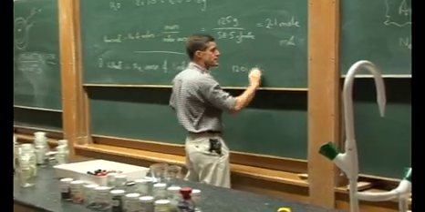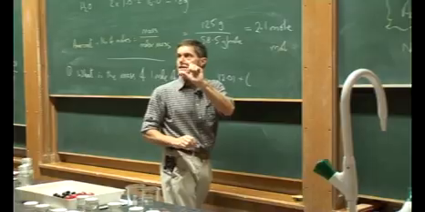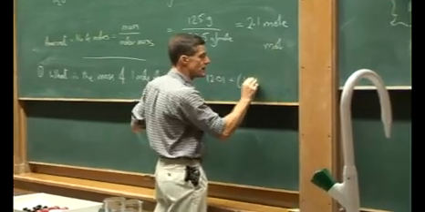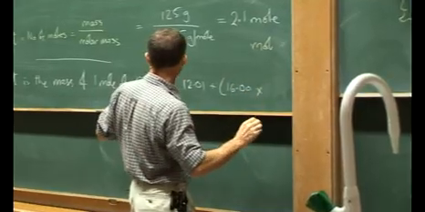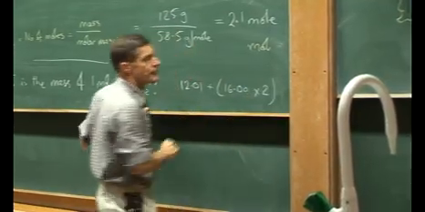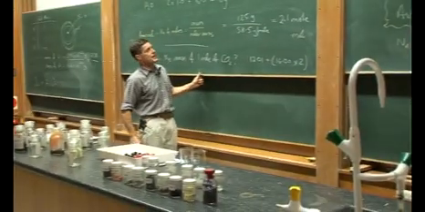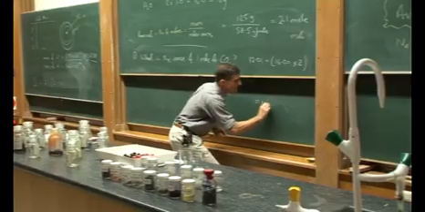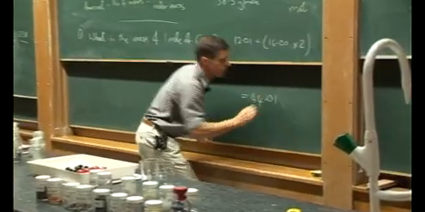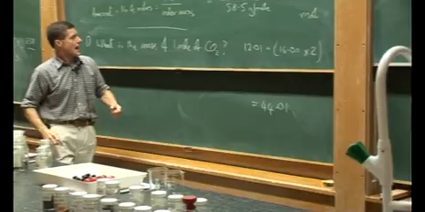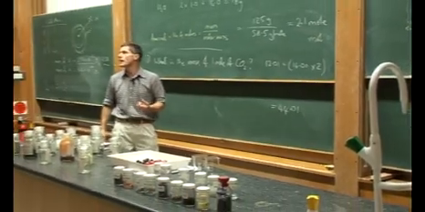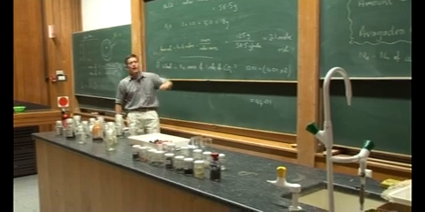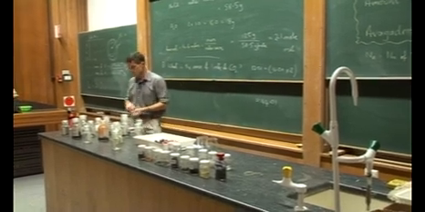I look up oxygen, and on the periodic table, it's the molar mass of oxygen atoms that is given, 16.00. In carbon dioxide, there are 2 of them. So I need to multiply that by 2, and overall, I then get a mass of 44.01 grams that represents 1 mole of carbon dioxide.